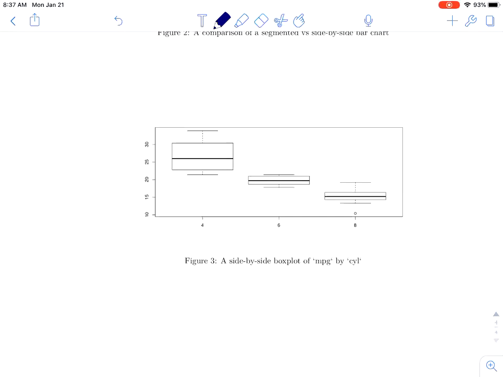Okay. So we've got the median, we've got the first quartile, the third quartile, and then it looks like there are no outliers here. So outliers, we've only got one in the 8-cylinder group. And so we can look at these and say, oh, okay, well, I can see a difference here. If they all looked essentially the same, then each of the groups we would say are roughly similar.